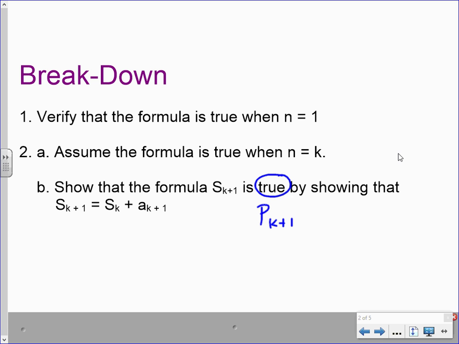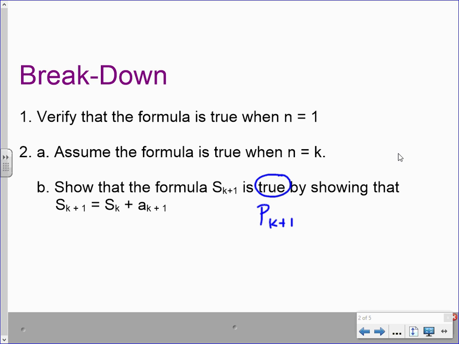Okay? So what I'm going to have you do is we're going to write where we start, and then we're going to write P of k plus 1. That's where we need to end, and then we'll fill in the rest in between using our algebra.